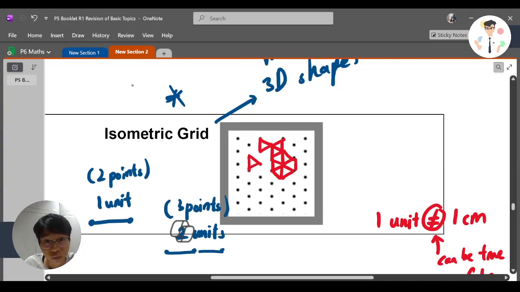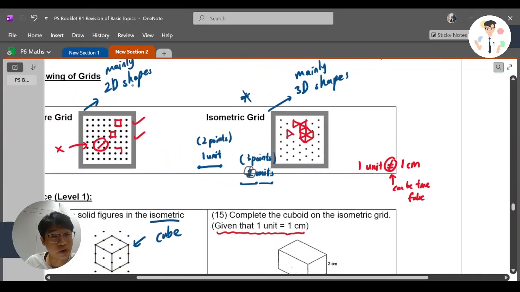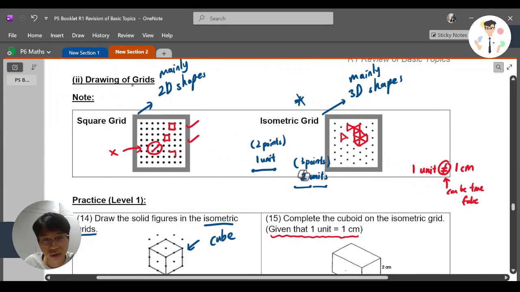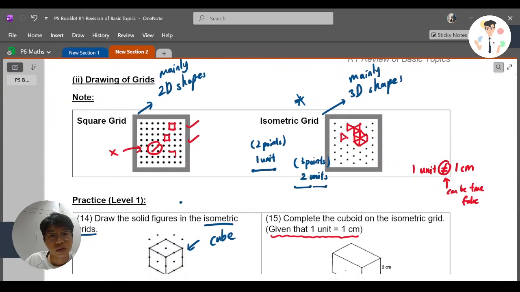So please be careful when you are drawing, because some students get confused. They think connecting 2 dots is 2 units. No. Connecting 2 dots, 2 points, is actually 1 unit. So one line is in a way 1 unit.